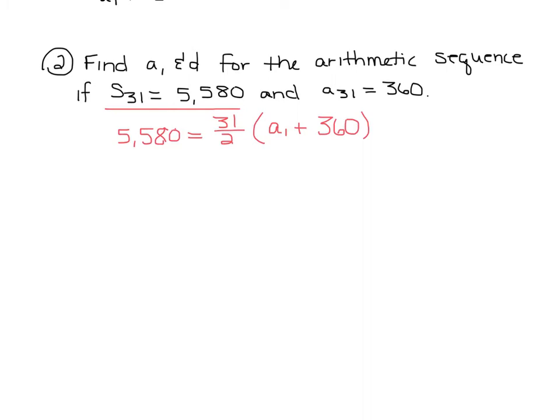I prefer just to get rid of that 31 over 2, so I'm going to multiply by 2 thirty-firsts. You could also distribute, leaving me with a nice 360 equals a sub 1 plus 360, giving us now an a sub 1 of 0.